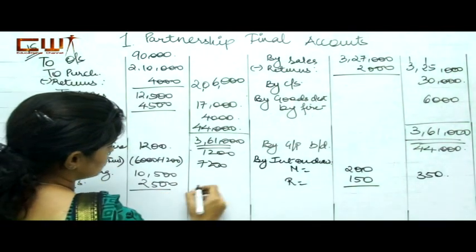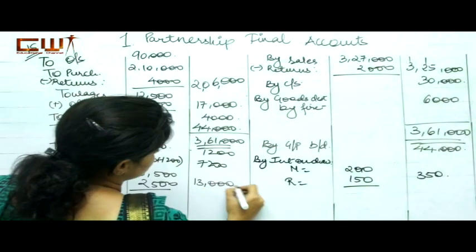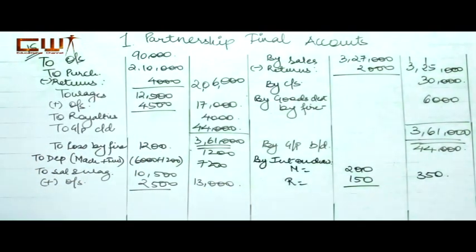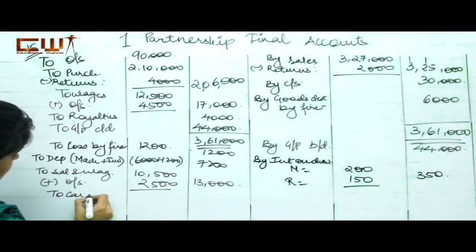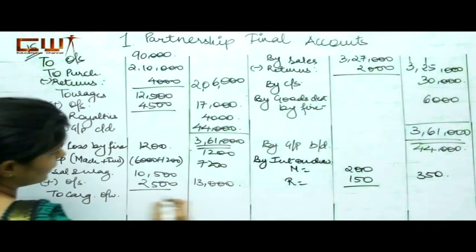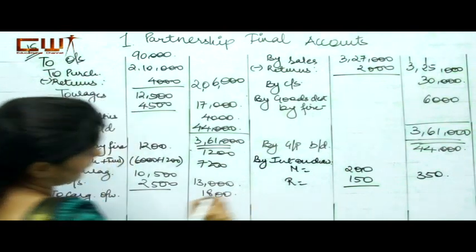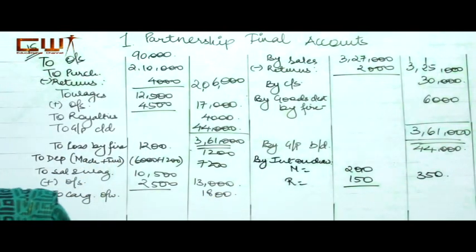So this will be 13,000. Alright. Next, see what is the item? Bills payable won't come, returns won't come. You have carriage outward. What is carriage outward? 1,800. To carriage outward, 1,800. Alright.